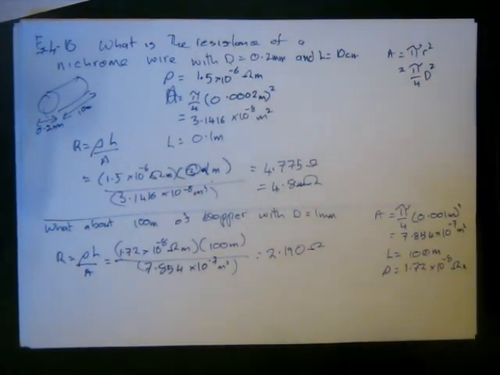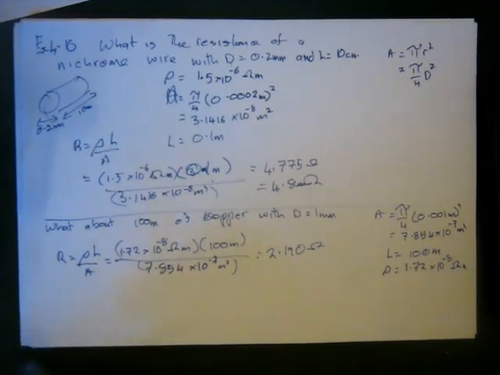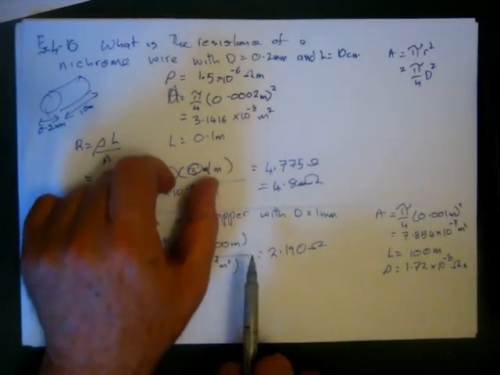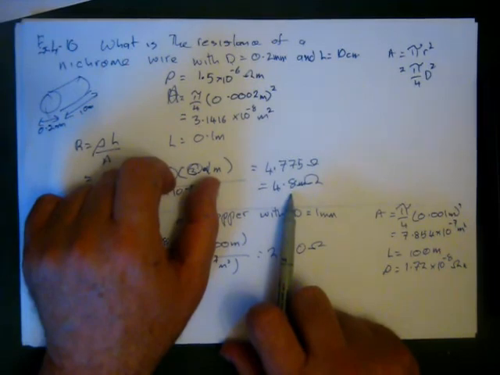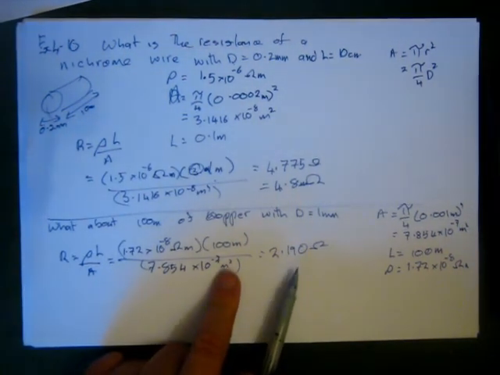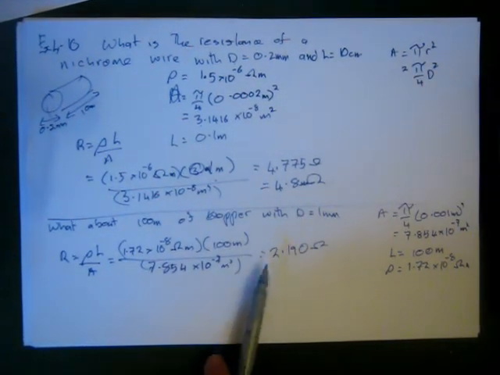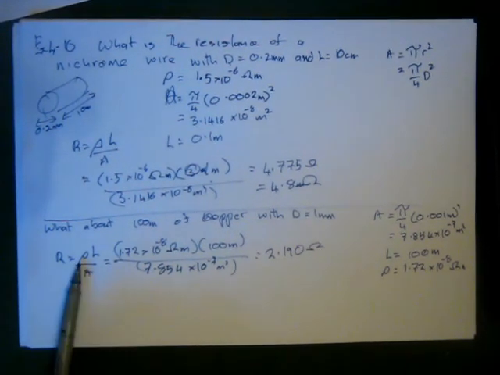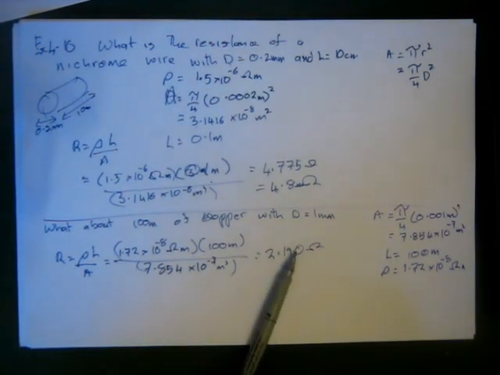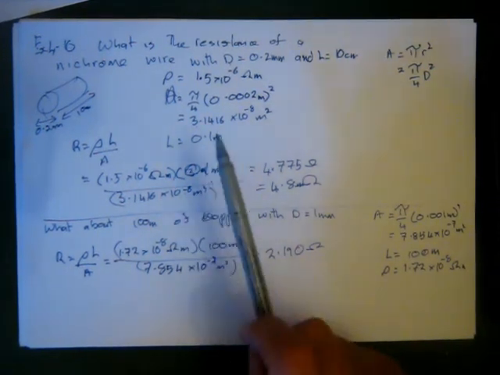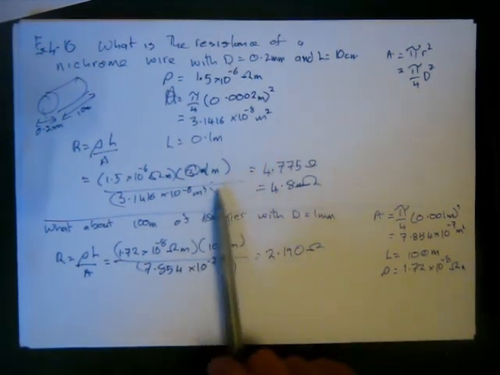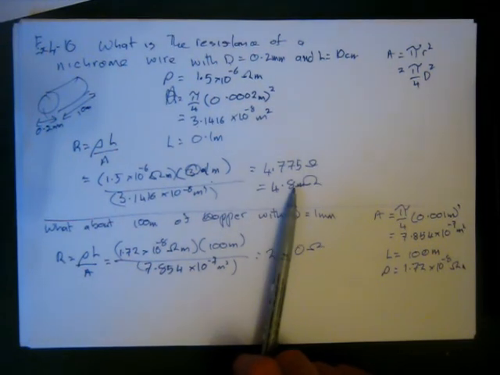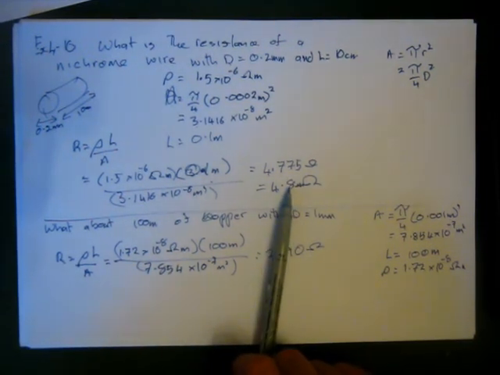So you can actually tell the difference in the resistance of these wires. This is 10 centimeters long and 4.8 ohms. This is 100 meters long. That's 2.19 ohms. So this is why copper is used for conducting electricity all over the countryside and all around New Zealand. And nichrome is used in heaters, and where you need to generate a lot of actual thermal energy.